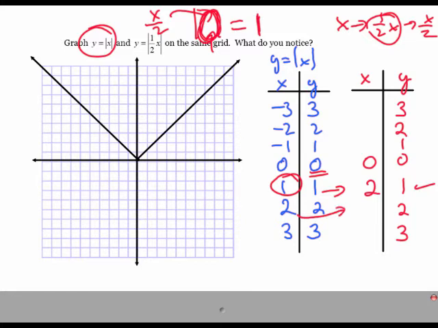And so what you can see is happening is that all of the values of x now have to be twice as big as before to compensate for the fact that I'm dividing by 2 in my equation. So when I graph these points, the effect of all of the x values doubling is going to mean that the graph pushes out from the y-axis by a factor of 2.